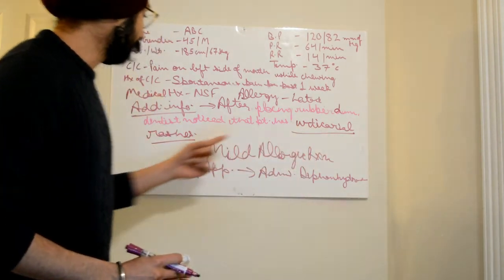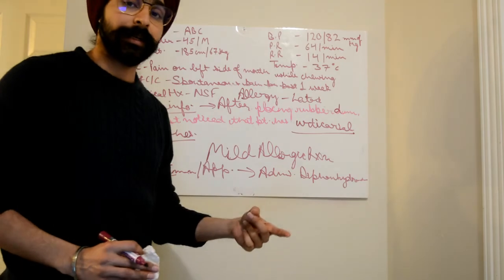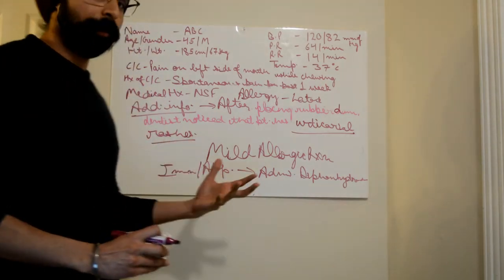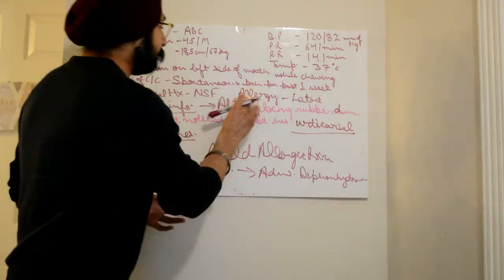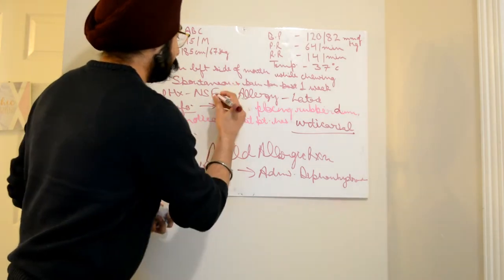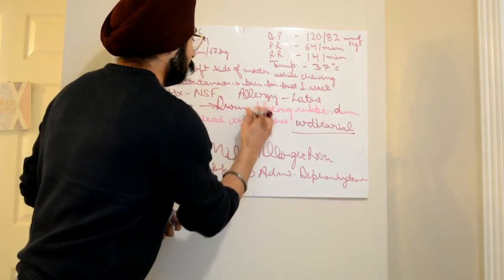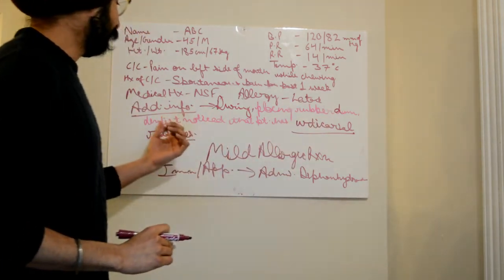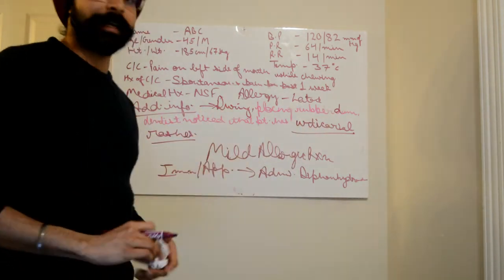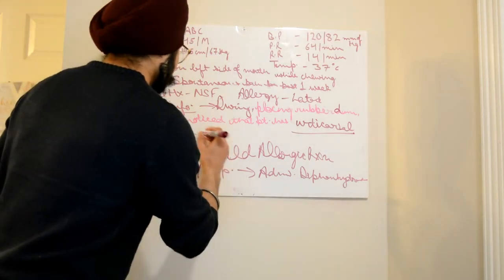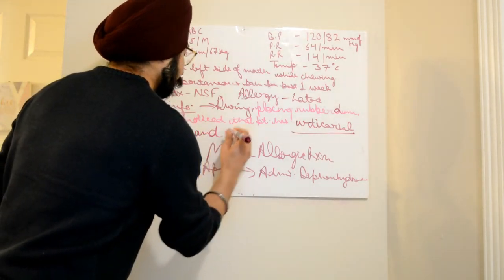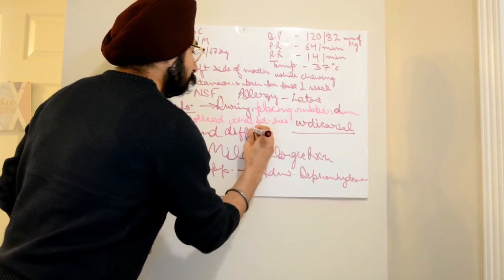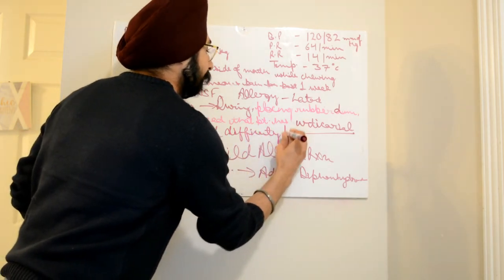Although urticarial rashes are also present in case of anaphylaxis, let's say in case of after, it was just written: during placing rubber dam, the dentist noticed that the patient has urticarial rashes and difficulty breathing.